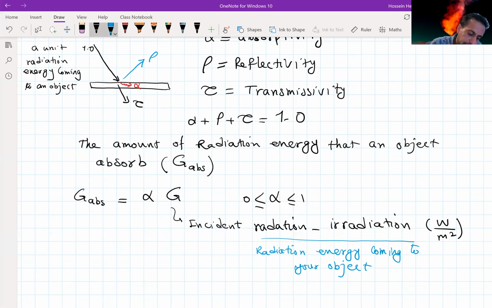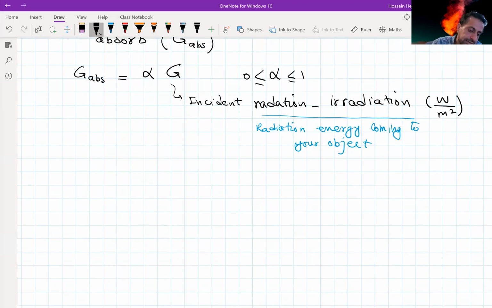Now for each object, we are looking for the net amount that is getting absorbed, and the net amount that is getting emitted from that object, and that defines the radiation heat transfer.